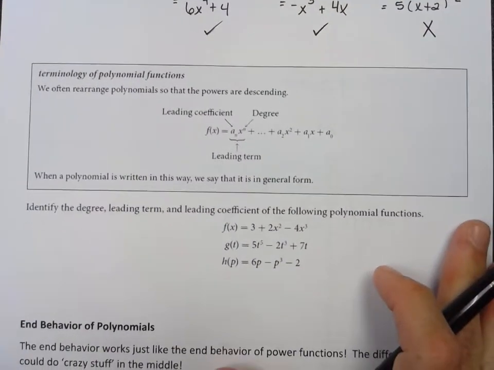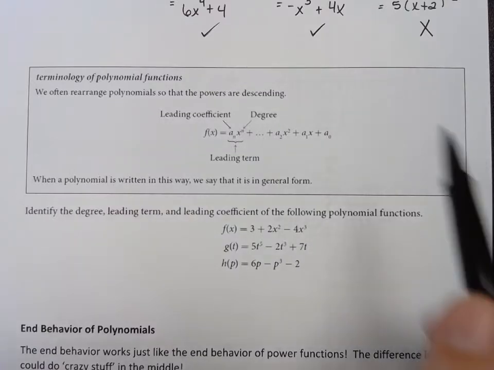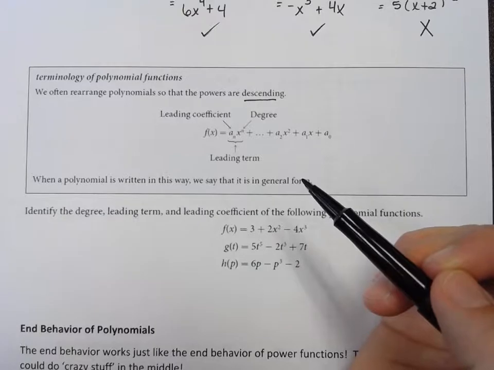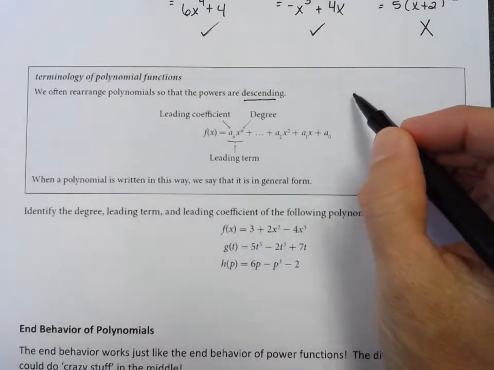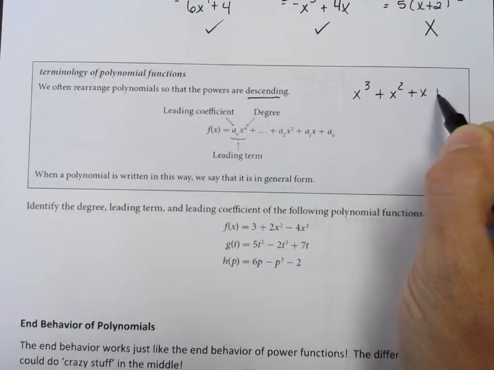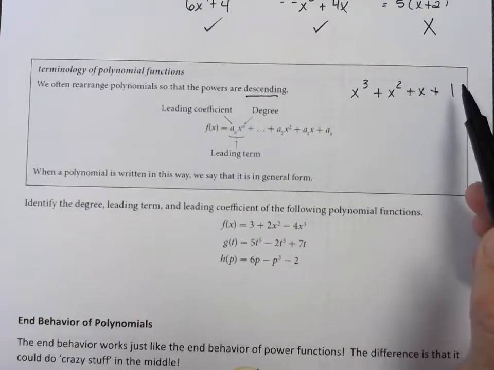So what is the terminology for polynomial functions? When you list your polynomial in descending order, meaning the exponents decrease. So like if this was a cubed function, it would be x cubed plus x squared plus x plus 1, something like that. Your exponents decrease as you read left to right.